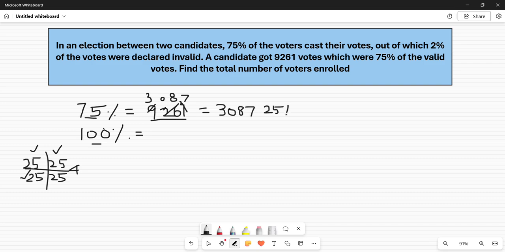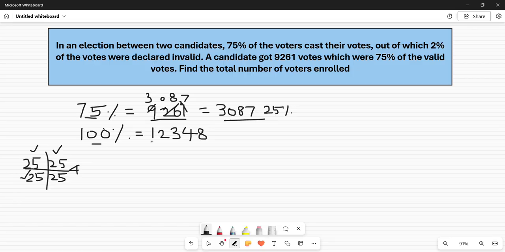So now from this, your 100% is multiply this by 4. So it's 12,348. Yes, so 3,000 is 12,000, 80 is 320, 12,320 and 728.